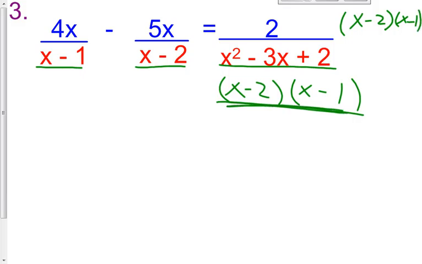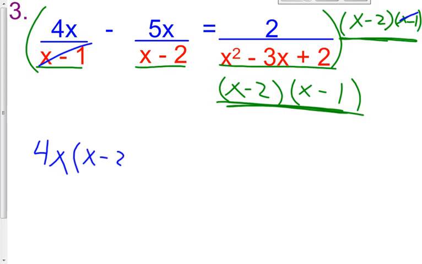So now, taking this and multiplying it by all 3 terms, on the first one, x minus 1 and x minus 1 cancel, so you're just left with 4x times x minus 2. Now multiplying the next one, the x minus 2's cancel, so we have a negative 5x multiplied by x minus 1.